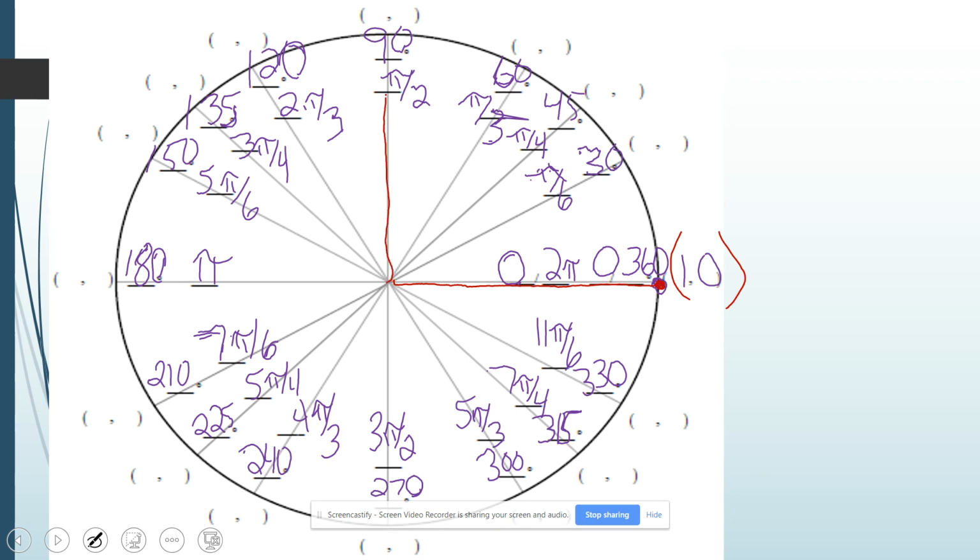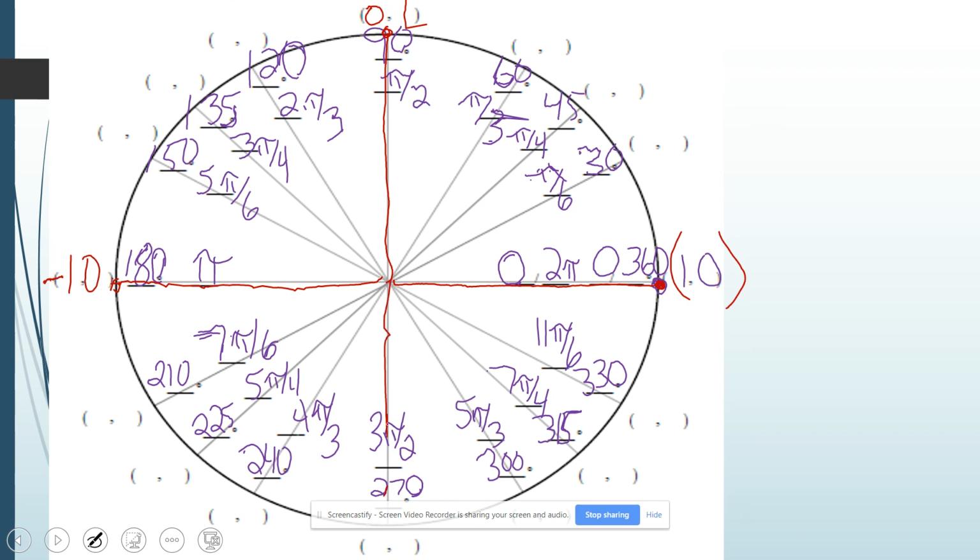Remember, this is also the radius. So this point here would be (0, 1). Again, the radius. This is all the radius all through here. But specifically on these 4 areas, this is (-1, 0).